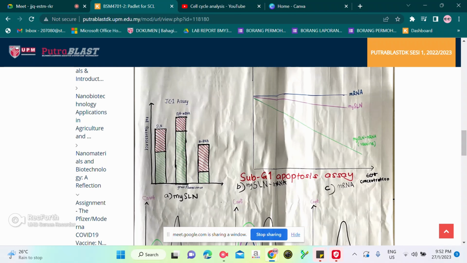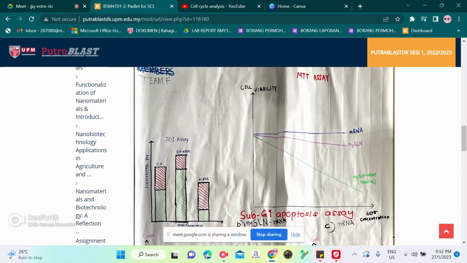Your team is asked to brainstorm the expected data that will be generated from three analyses: MTT assay, sub-G1 apoptosis assay, and JC1 assay. I will cover MTT and sub-G1, and the JC1 assay will be covered by Sri.